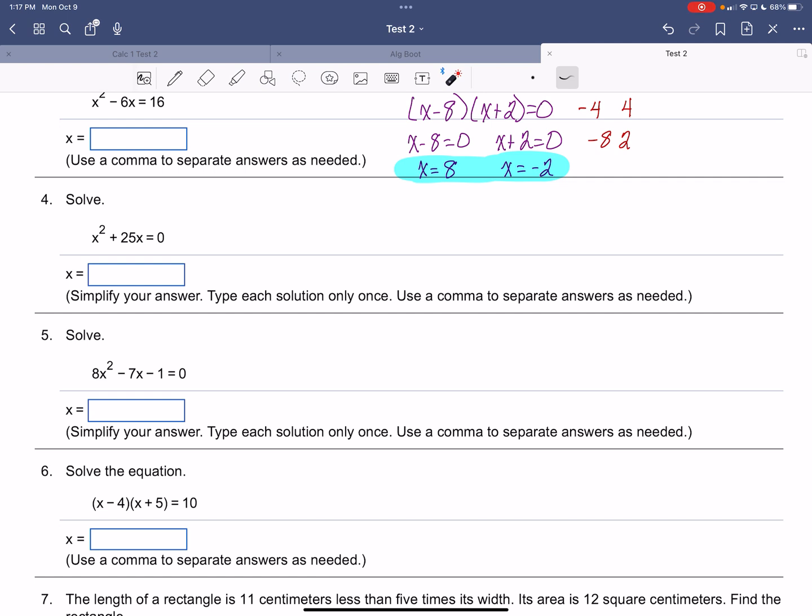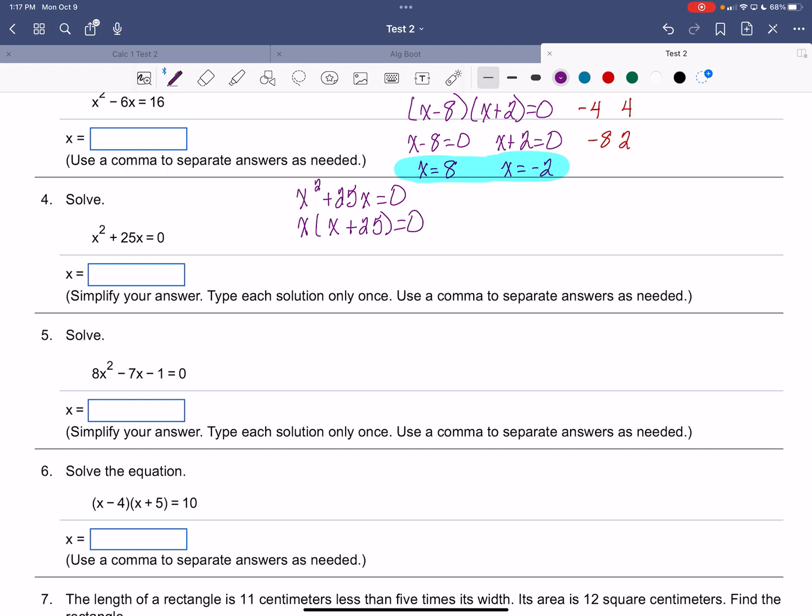But we actually don't have plus or minus anything. However, we can factor out a GCF. Okay? What is common to both of these? Good. X is common to both of these. Okay? So I'm going to factor out an x, and then I'm left with x plus 25.